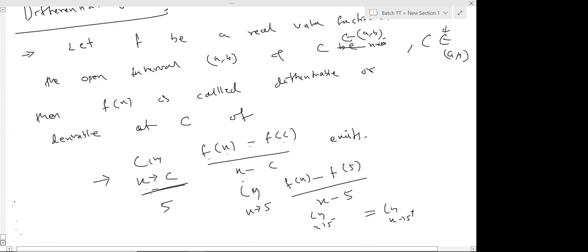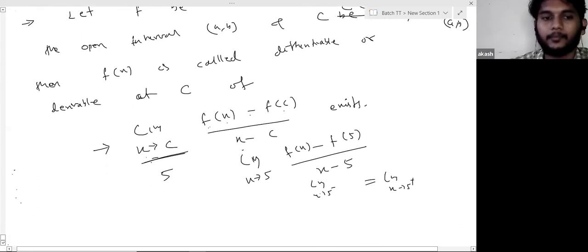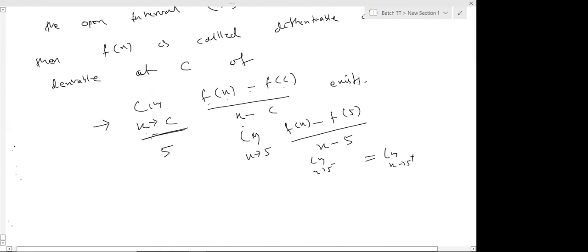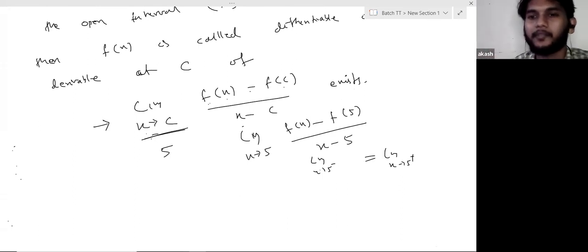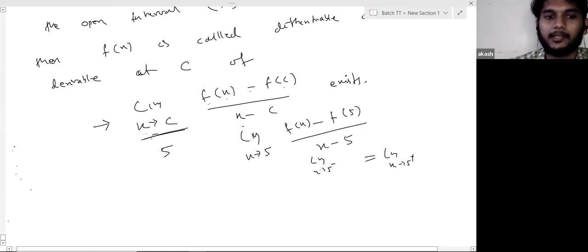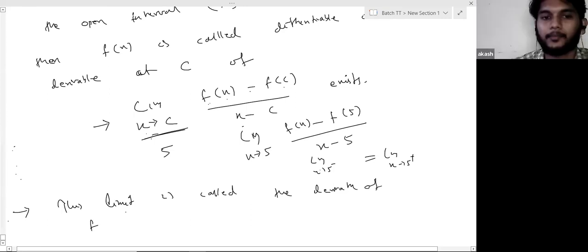So this is like a condition of continuity. Not much to do with differentiation. Actually, the next statement is that only this limit is called the derivative of f, or differentiation of f.